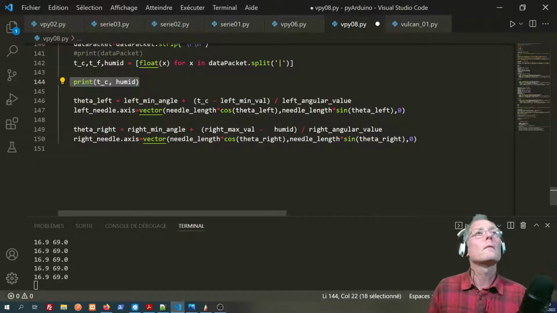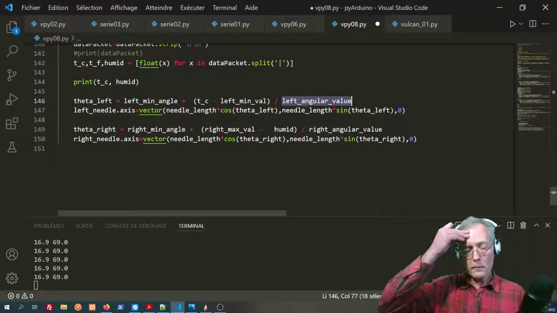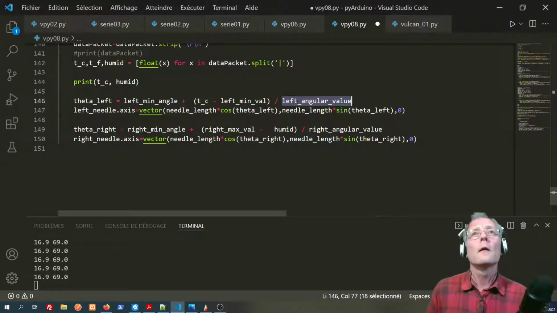I just do this here for debug. Then this is a place where I will use my angular value. Remember, at the beginning I computed an angular value, making the ratio between the value ranges and what I call the angular span.